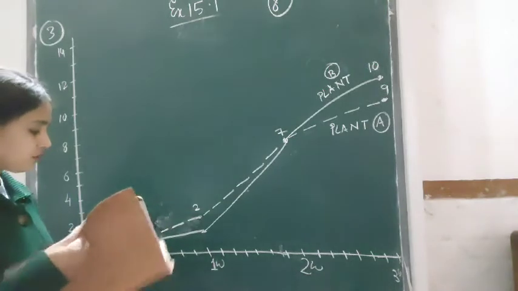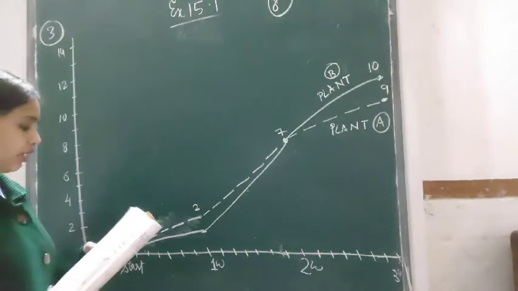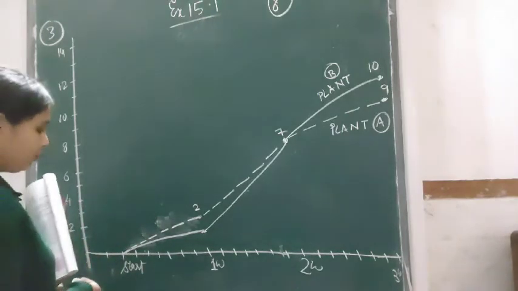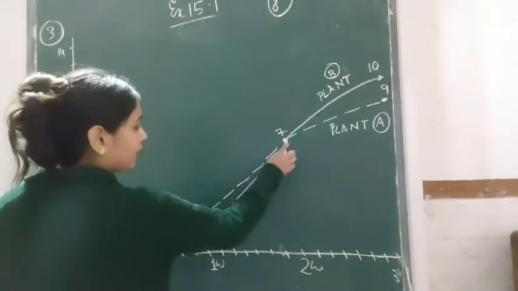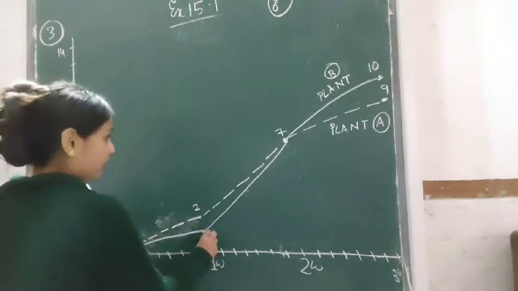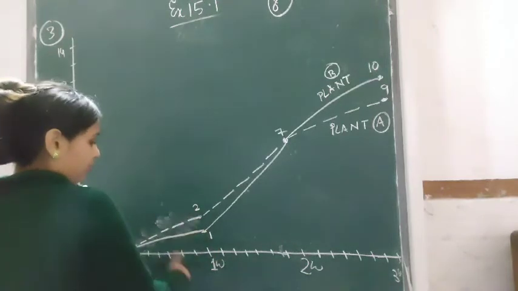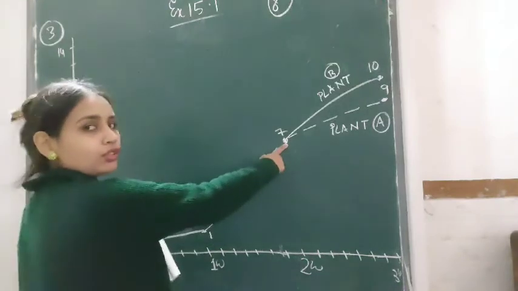Answer the following questions. How high, this also we are doing in the workbook, how high was plant A after 2 weeks? After 2 weeks, plant A was 7. Children, so that I will not get confused, I have written the numbers over here. After 2 weeks, plant A and plant B were both of the same height.